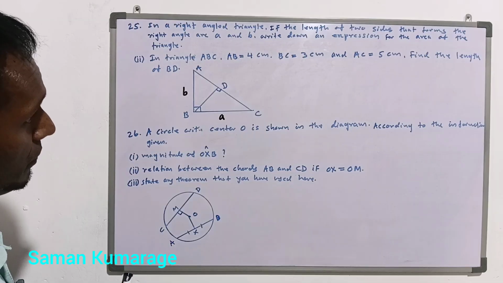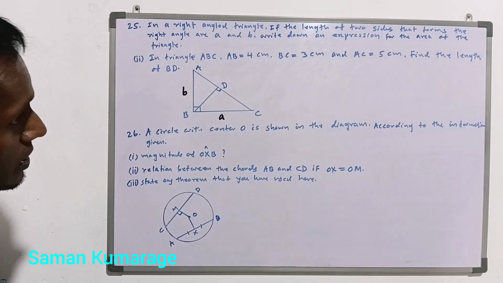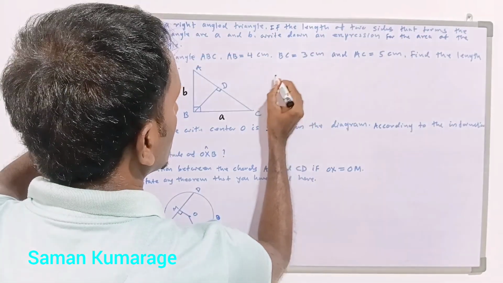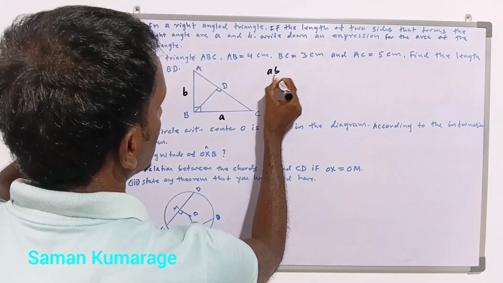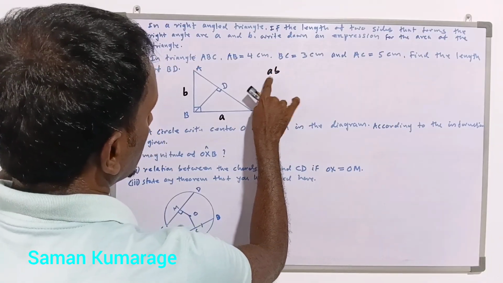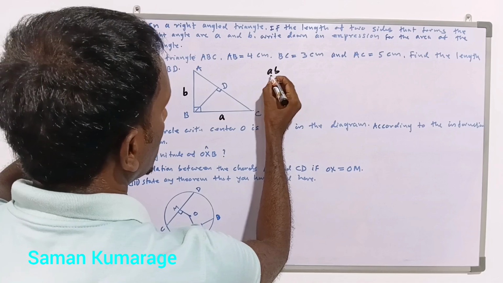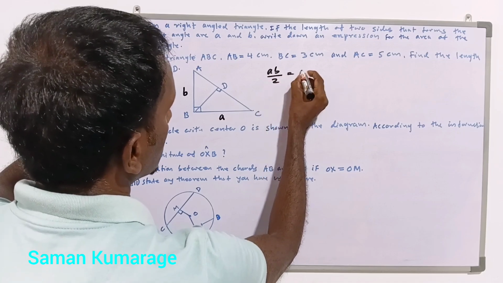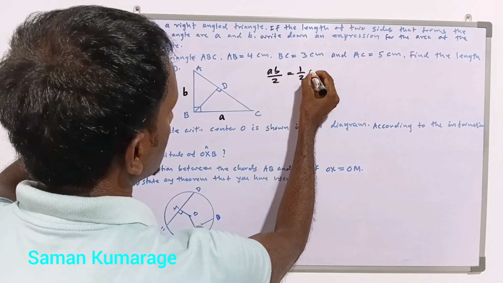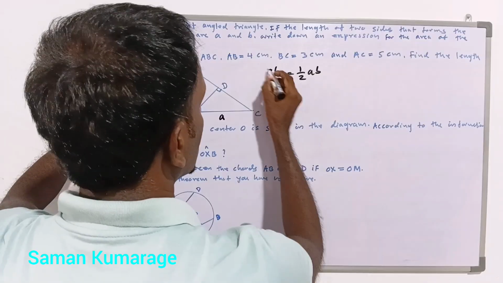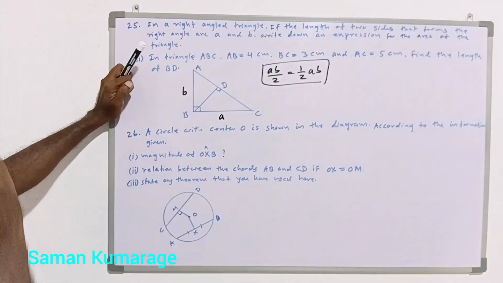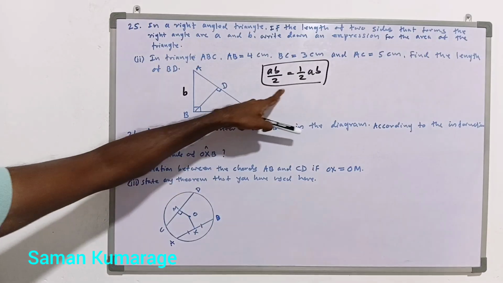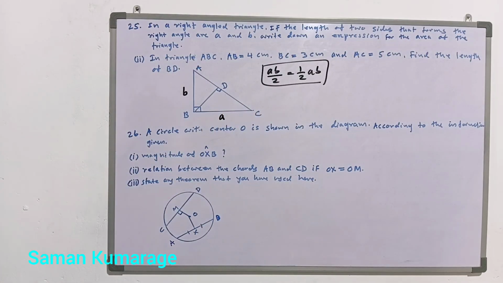The formula is the product of A and B divided by 2, that means 1 over 2 times AB. So this is the formula for the area of this triangle.